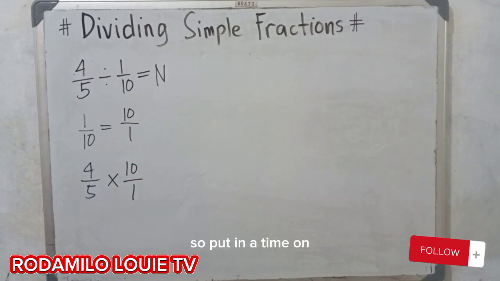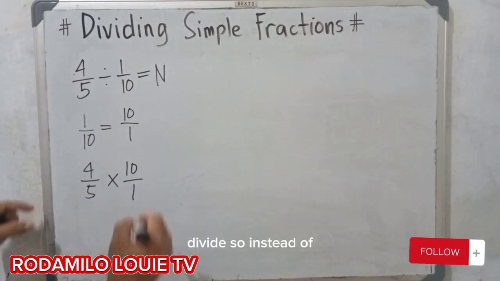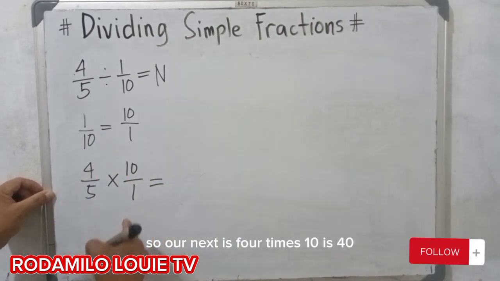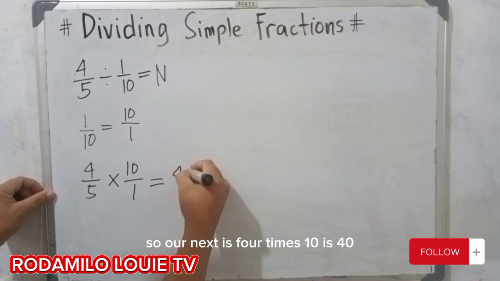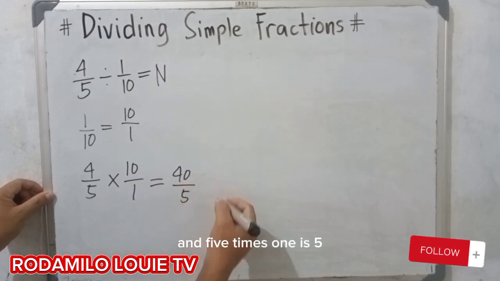So pwede na ta mag-divide. So instead nga mag-divide ta, mag-multiply ta. So next is 4 times 10 is 40. 5 times 1 is 5.